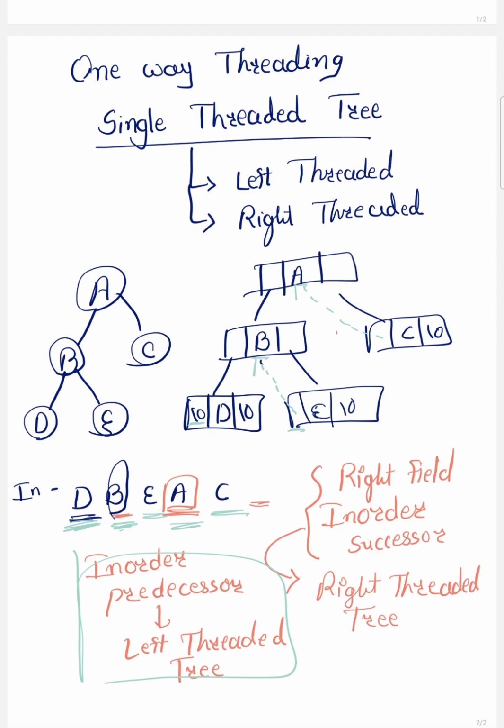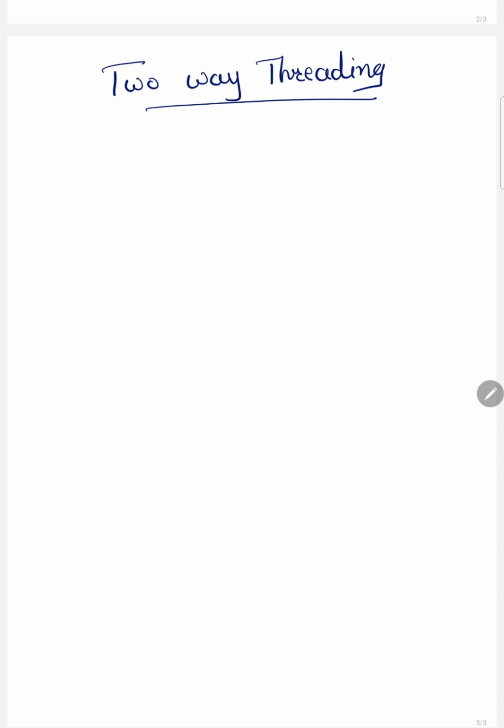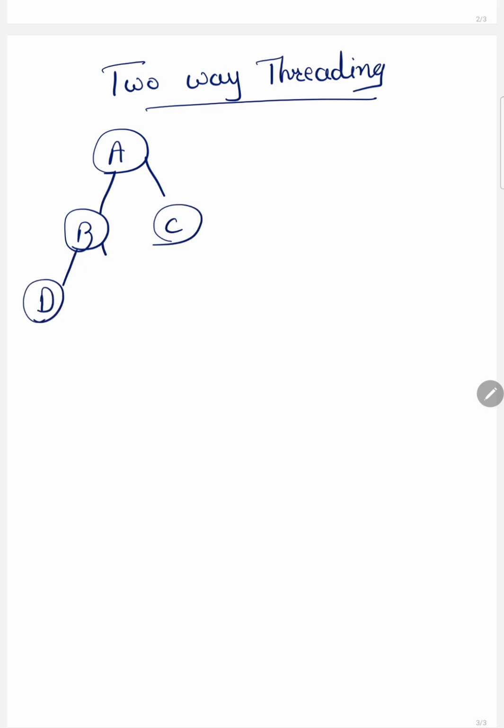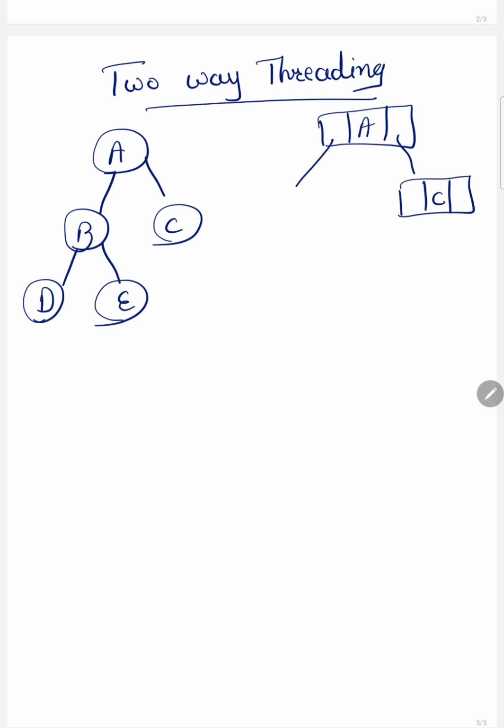Now what about two-way threading? You might already have an idea that in two-way threading we replace both the fields, right? Suppose we have this, so let me represent it in a linked structure.